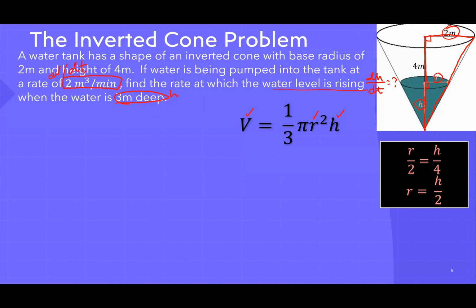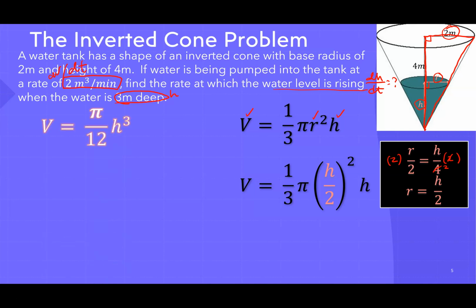Okay, so multiply both sides by 2. r would be 2 divided by 4 times h, so r is h over 2. We use that information and substitute in r for h over 2. Simplify, we will have volume is pi over 12 multiplied by h to the 3rd power.